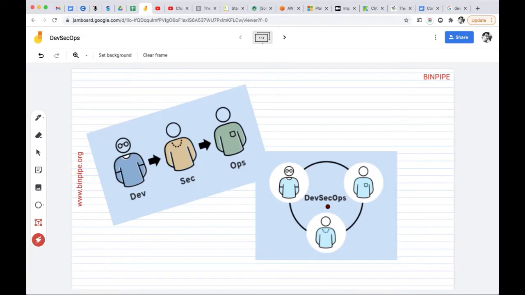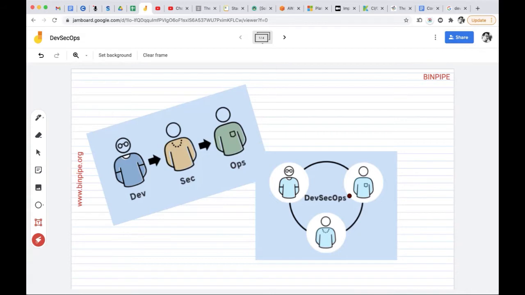Now, in the collaborative framework, like in the second picture, where all of them collaborate together and have a shared responsibility, then this entire thing, DevSecOps, is integrated end to end. DevSecOps emphasizes the need to build a security foundation into DevOps initiatives.